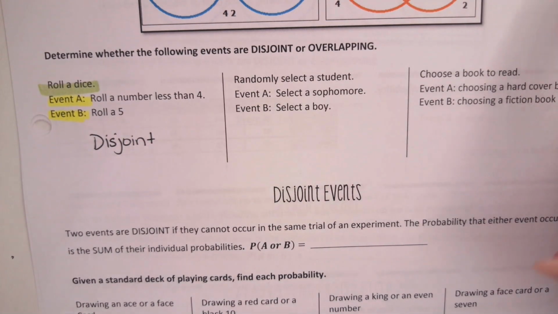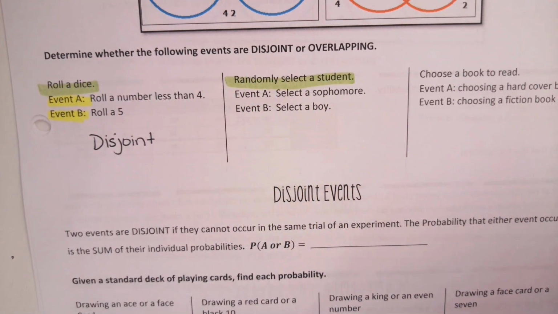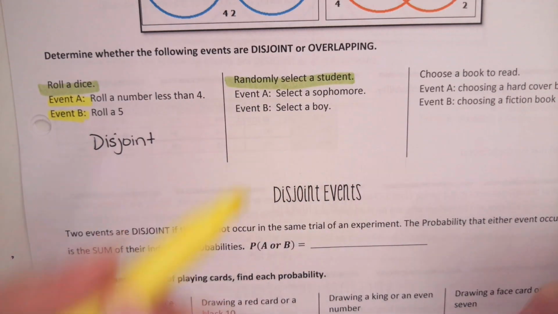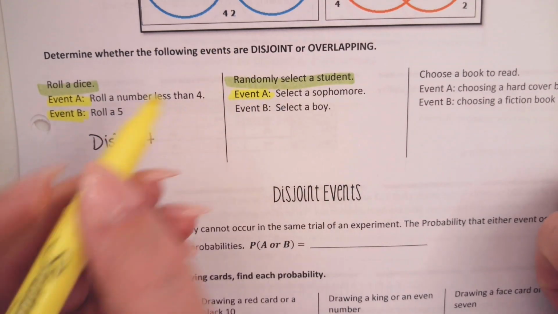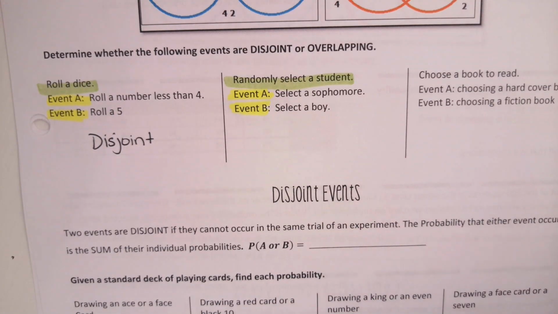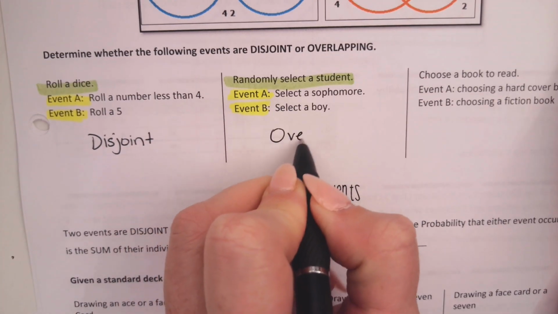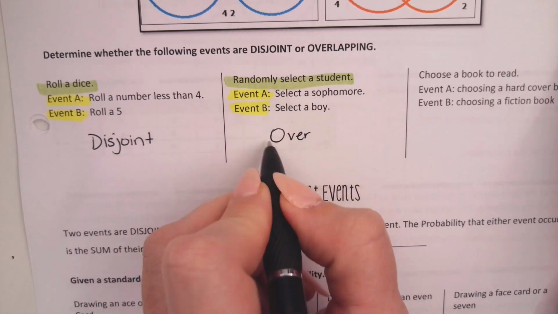Okay, the second one, we're talking about randomly selecting a student at school. The first probability would be probability of selecting a sophomore. Probability of selecting a boy. Do those overlap at all? Yes, there are sophomores that are also boys, so these would be overlapping. So when you're calculating that probability, you'll have to subtract the overlap amount.